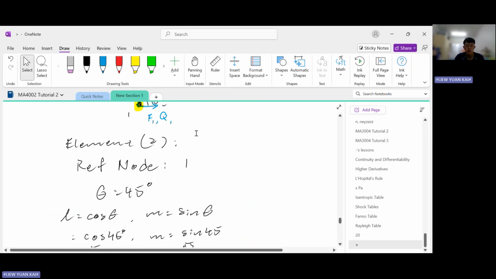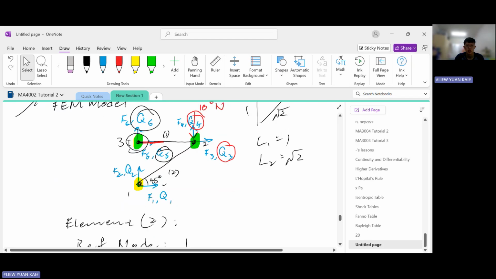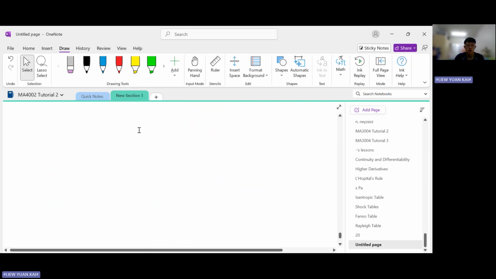So we have 6 displacements on this FEM model, right? The 6 displacements that I'm referring to is Q1, Q2, Q3, Q4, Q5 and Q6. That's why we shall open a 6 by 6 matrix.